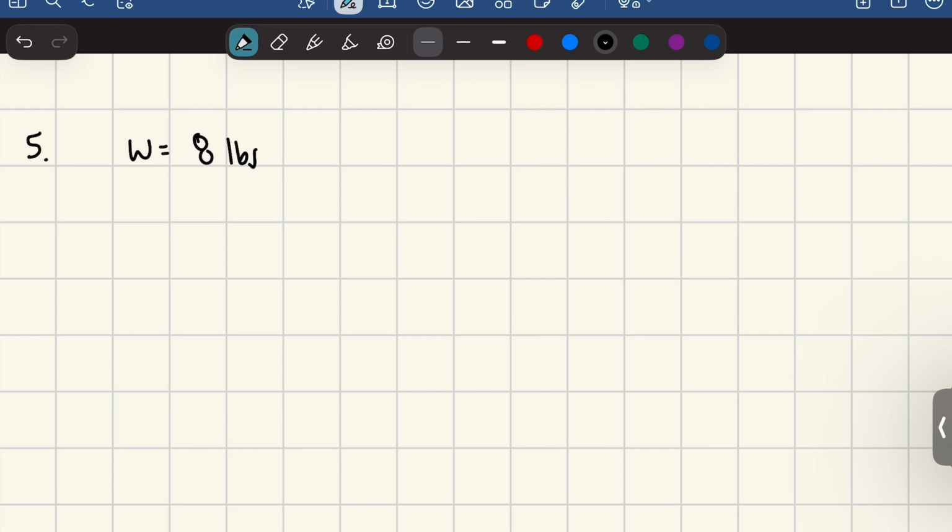Up is negative, so it's negative 2. Velocity is the first derivative. Gravity, I'm going to write that down.